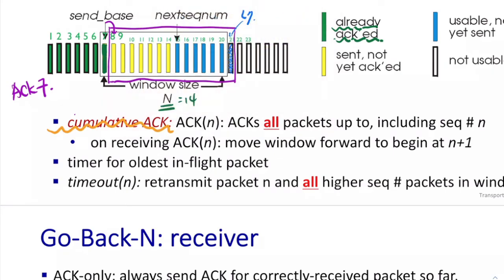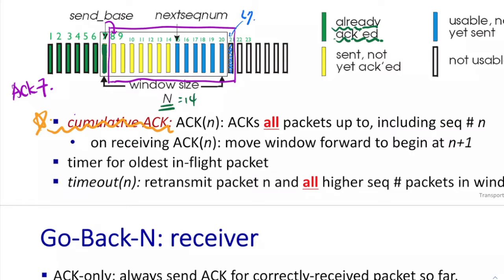In the go back N mechanism, there's a very interesting rule that they use. Go back N uses cumulative ACK. Cumulative ACK means ACK all packets up to and including sequence number N. Let's try again.